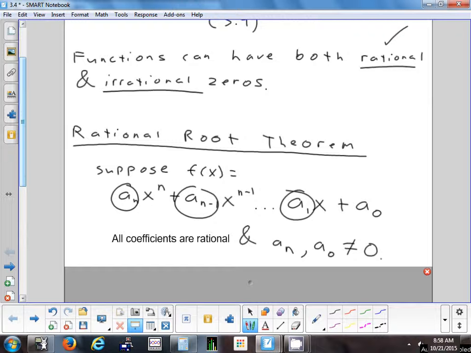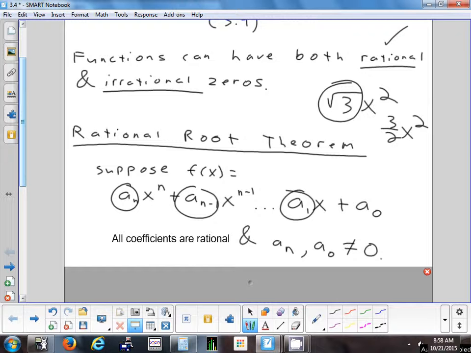Meaning we're not dealing with imaginary numbers. And we're not dealing with something like this. We can't have an irrational number in front of the variable. We can have a fraction, but not a square root, not an imaginary. Fractions are as bad as the numbers can get.